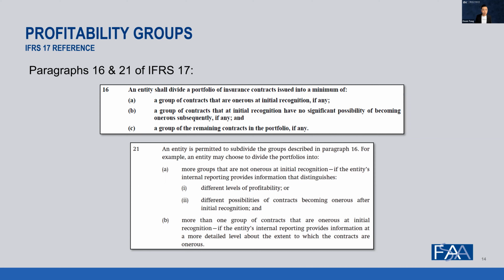And so I'm just going to read this out and then I'm going to explain what I believe each one of these means. So the first one is to divide them into a group of contracts that are onerous at initial recognition. And part B is a group of contracts that at initial recognition have no significant possibility of becoming onerous subsequently. And part C, a group of the remaining contracts in the portfolio, if any.